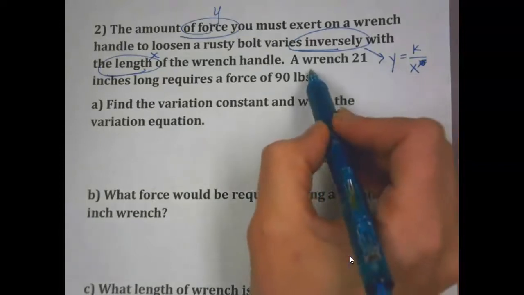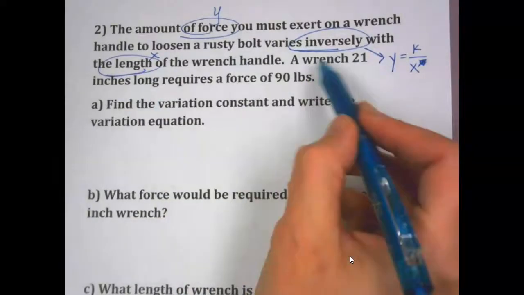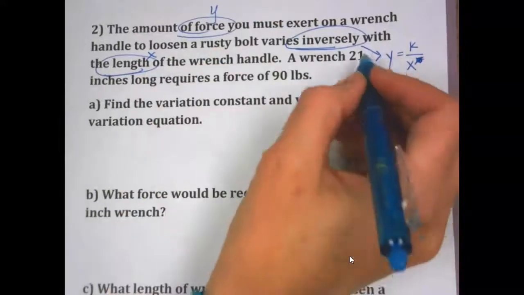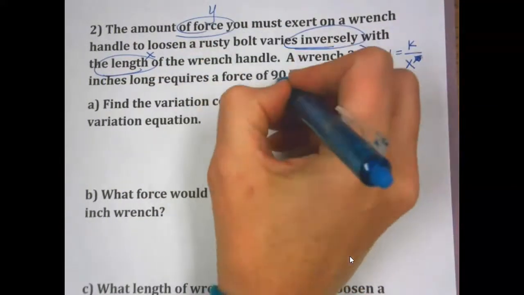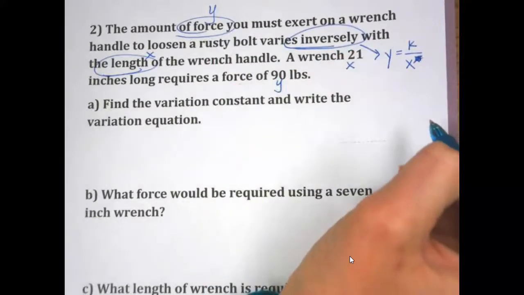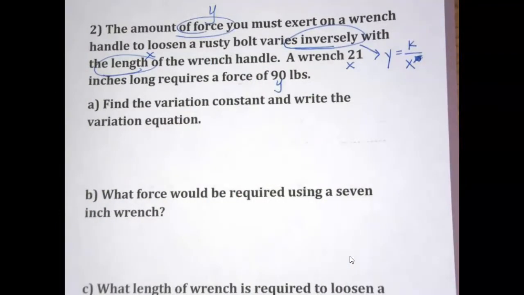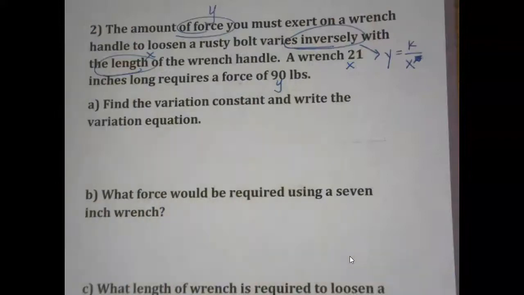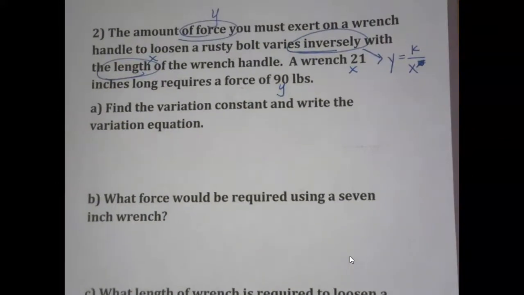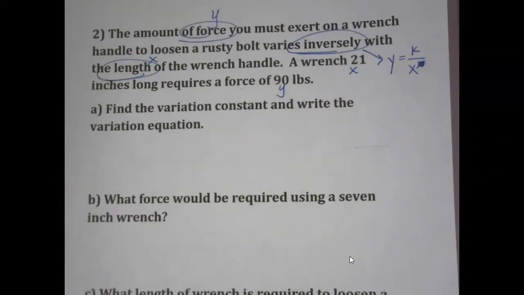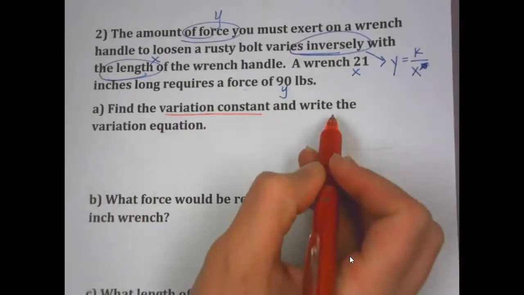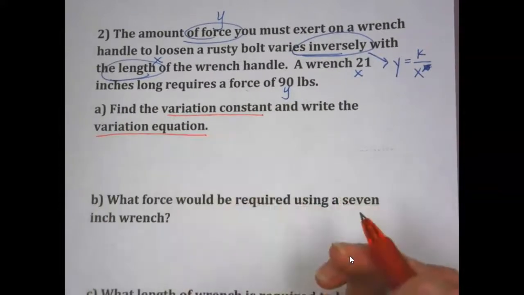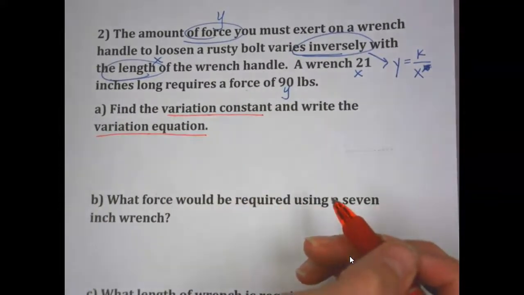So if I read this, wrench is 21 inches, inches would be length, so 21 is going to be an x number, and force, that we said was y, so that's going to be a y number. So after I dissect that initial problem, then I can go to part A. Find the variation constant. That's one answer. And then write the variation equation. That's another answer. So you need 2 different answers.